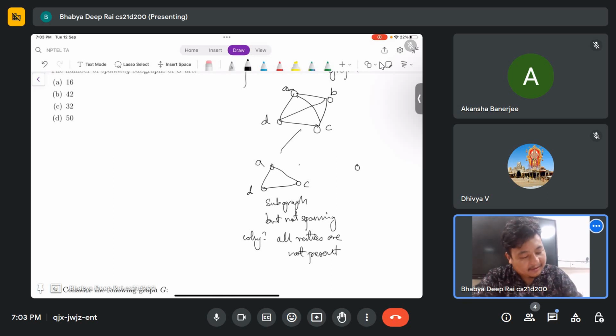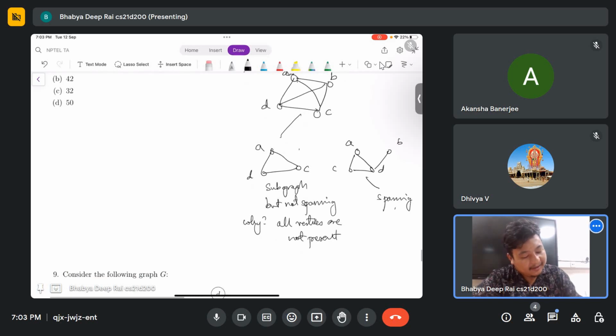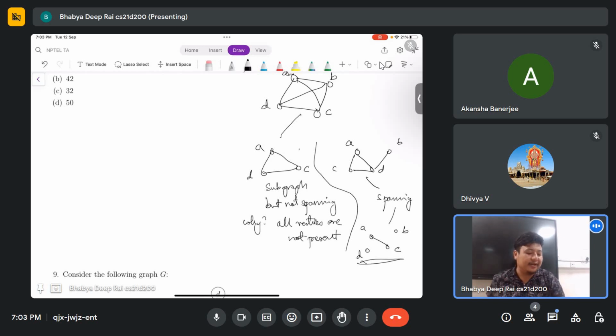But this is spanning. All the vertices are there: A, B, C, D, everything is there. In fact, this is also spanning. As long as all vertices are there, this is spanning. This is not connected, but we never said we needed a connected subgraph, right? A subgraph could be not connected.